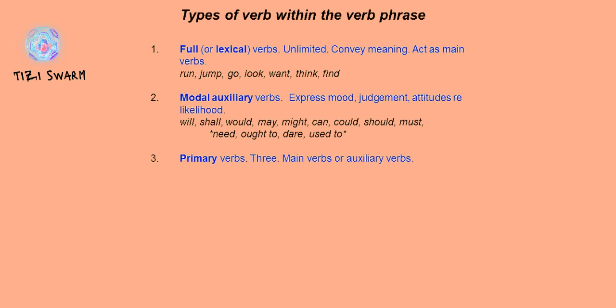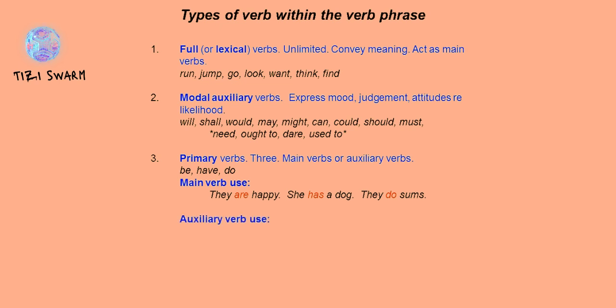We've got primary verbs, and there are 3 of these, and they can function as main verbs or auxiliary verbs, and these are be, have and do. Okay, so let's have a look at how they function as main verbs and how they function as auxiliary verbs.